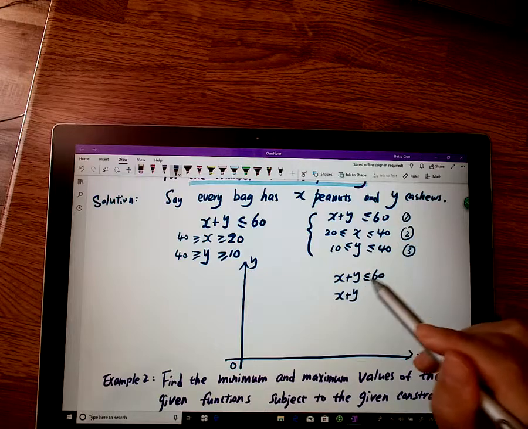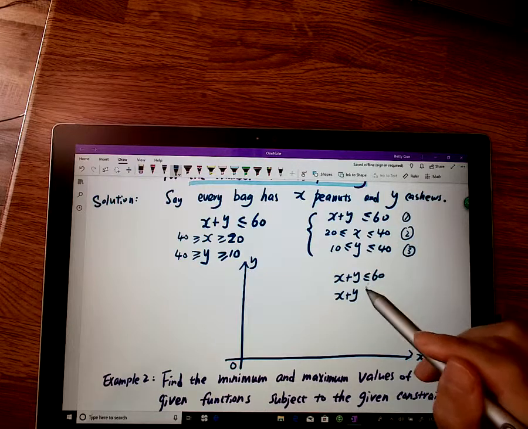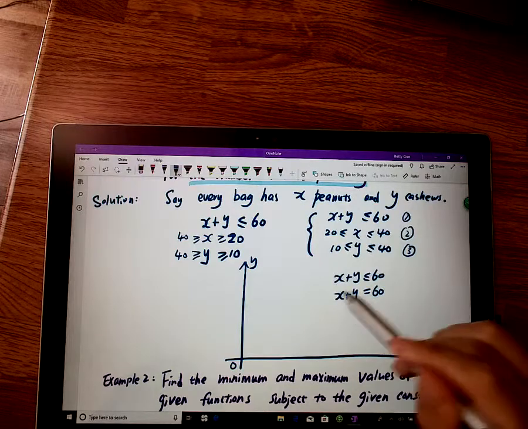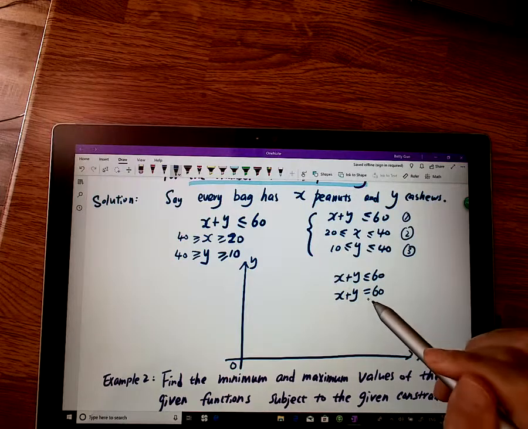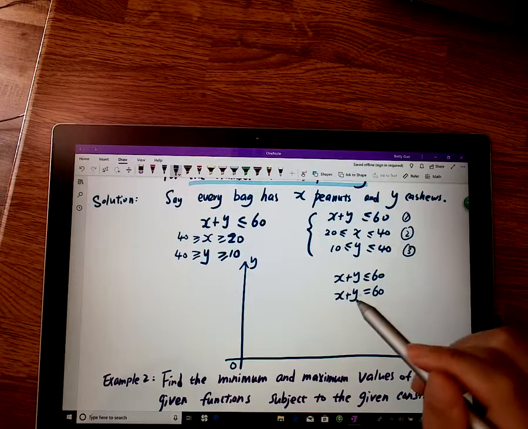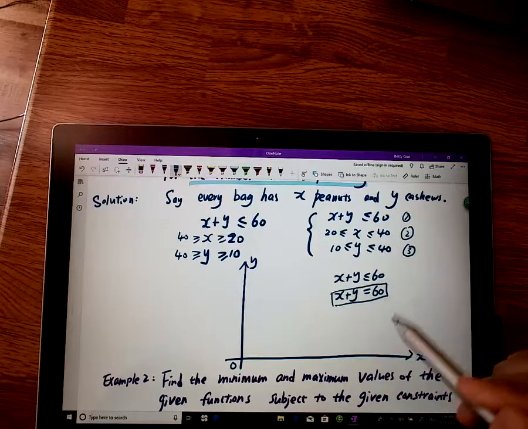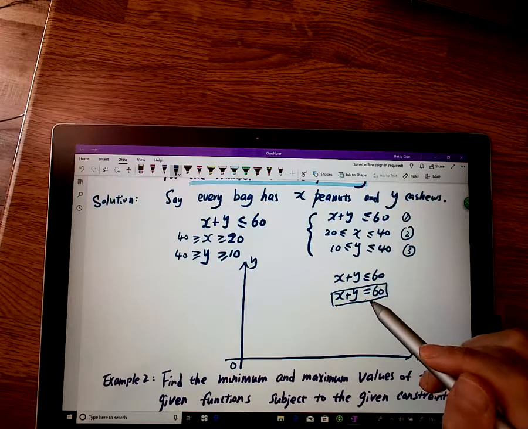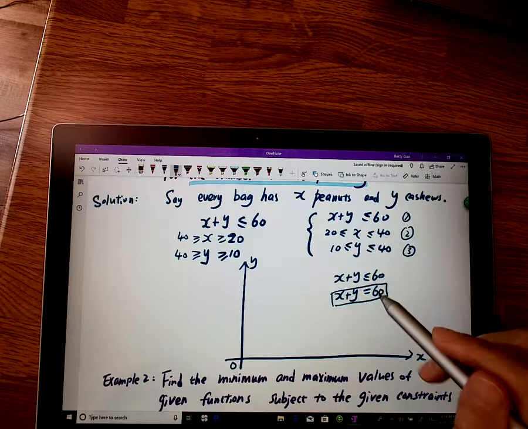Simply change the inequality symbol to equal. Then we have x plus y equals 60, and that's the boundary of the solution set of inequality 1. This is a straight line. We understand that, right? That straight line is going to be the boundary line of the solution set of inequality 1.